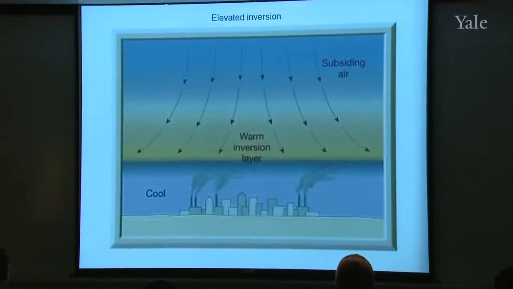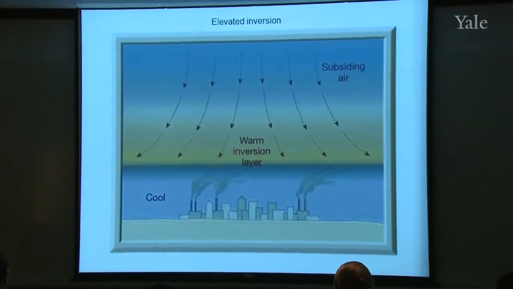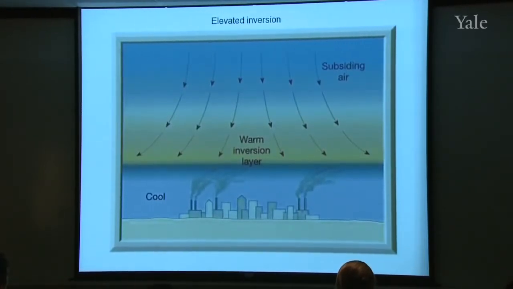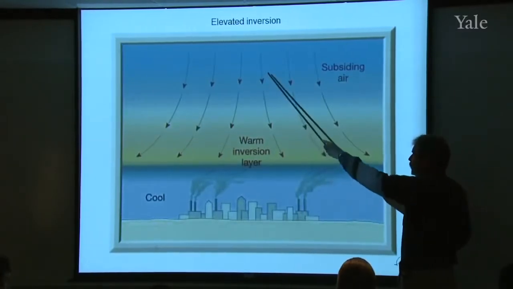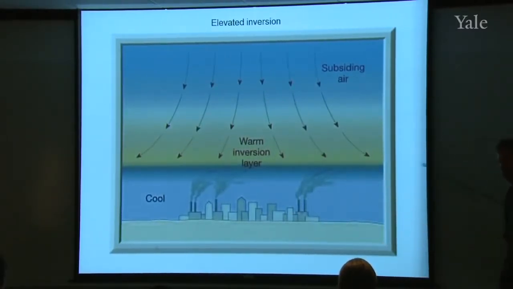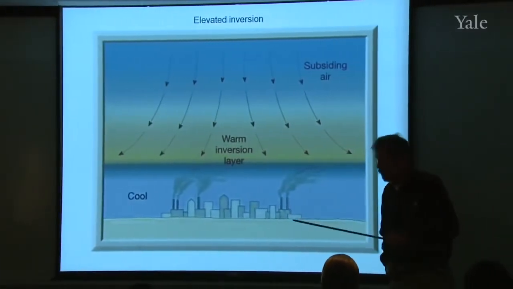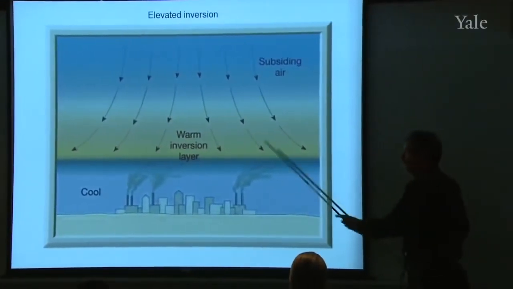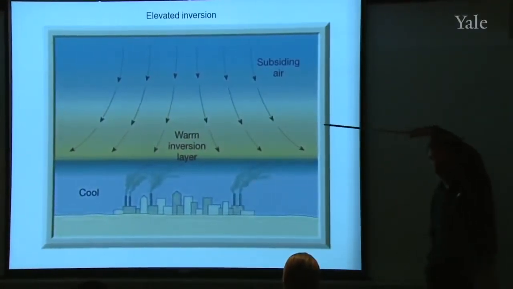Now, you can also get what's called an elevated inversion. And that's what's pictured here. Whenever you have slowly subsiding air through the troposphere, as you do today, whenever you have high pressure and clear skies, you can be pretty certain that there's very slow subsidence.